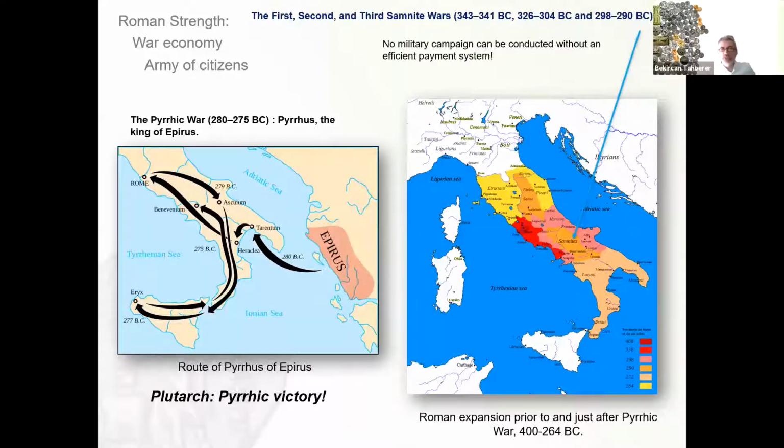And you couldn't wage those wars with those aes signatum and aes grave. You needed something else, and they didn't have it, but they had the means to. They had access, I should say, to the means of exchange coming from different places.